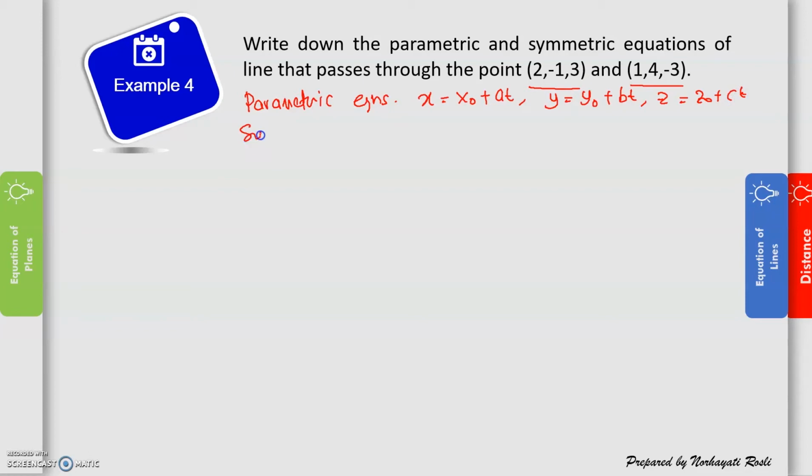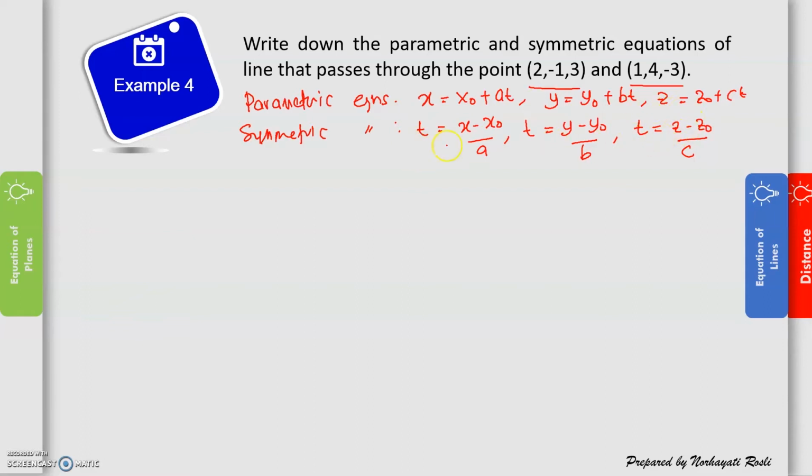And our symmetric equation is given by t = (x - x naught)/a, t = (y - y naught)/b, and t = (z - z naught)/c. It means that in the symmetric equation, we rearrange so that t becomes the subject.